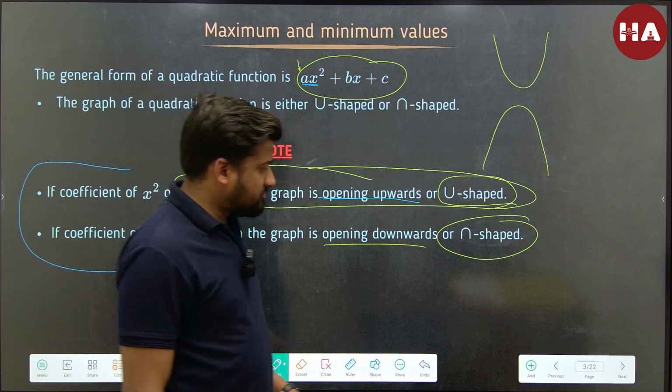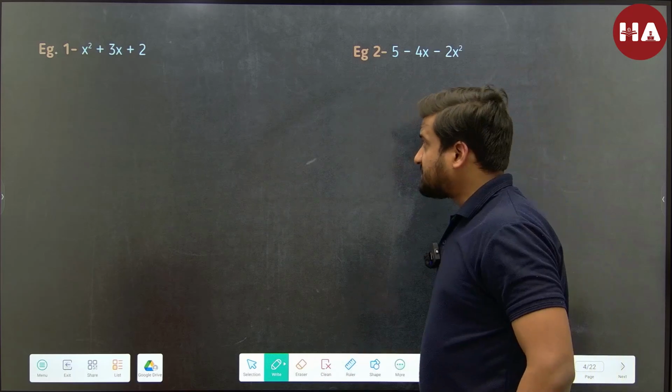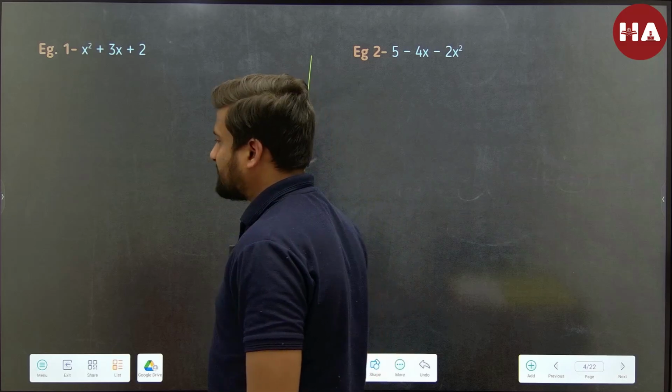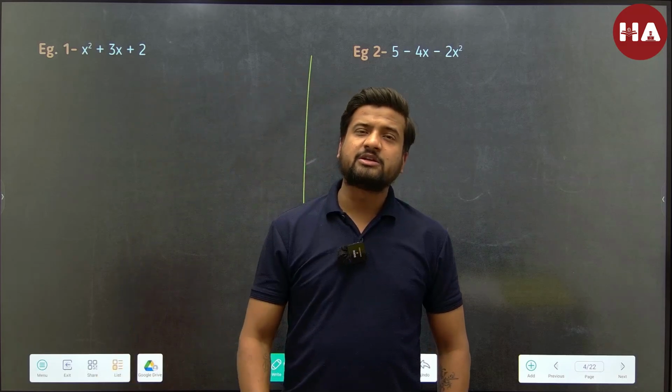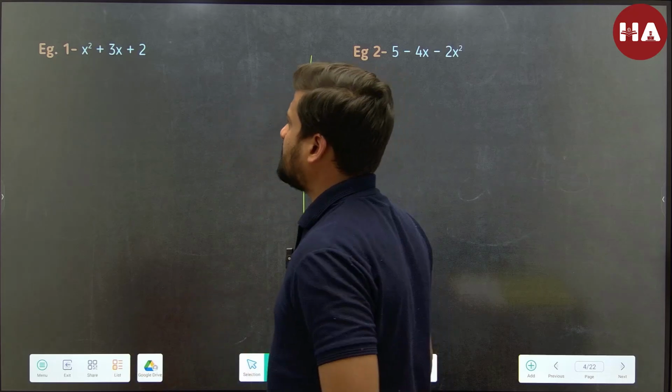Let's move forward with the next slide, and we have an example. Basically we have to find out whether the graph is opening upwards or downwards. A very easy thing.